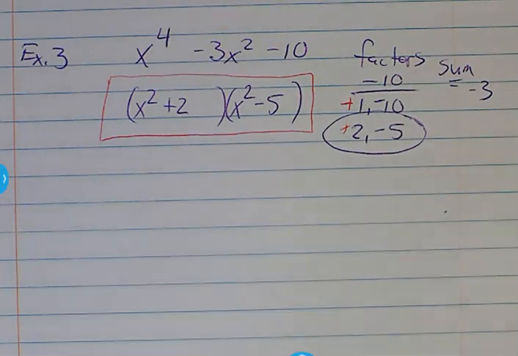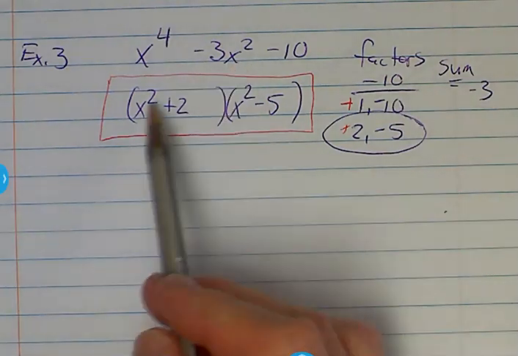Okay, so if you start off with x to the fourth and a trinomial, basically whatever your term is in the middle, that's what you're going to use there for both times.